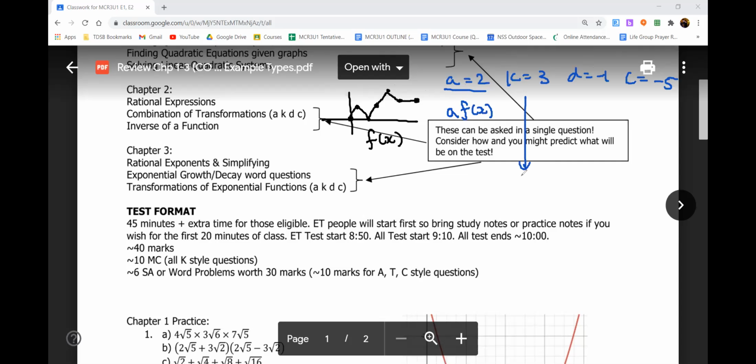And from there, you will draw the k, which will make the function into this. And then you will add this to it, which makes 2 f of 3 bracket x plus 1 close. And the last one is 2 f of 3 x plus 1 minus 5.